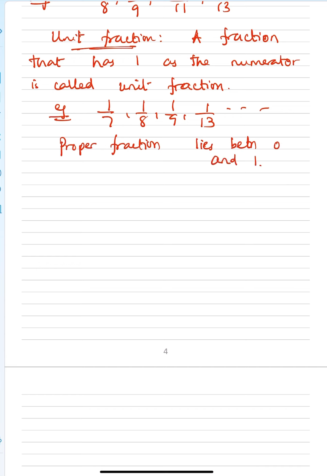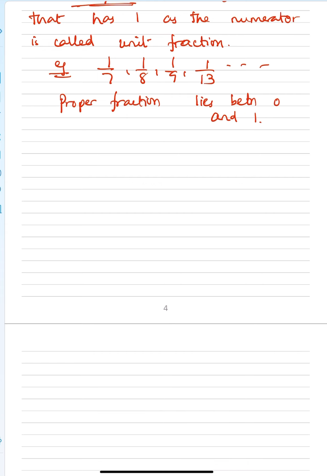Okay, why does it lie between 0 and 1? What is the meaning of this? See, any fraction, if I say 15 upon 15, this will be 1 because the numerator and denominator are same, and if I divide 15 by 15 I will get 1. This is nothing but a whole, so it will be less than a whole, a proper fraction.